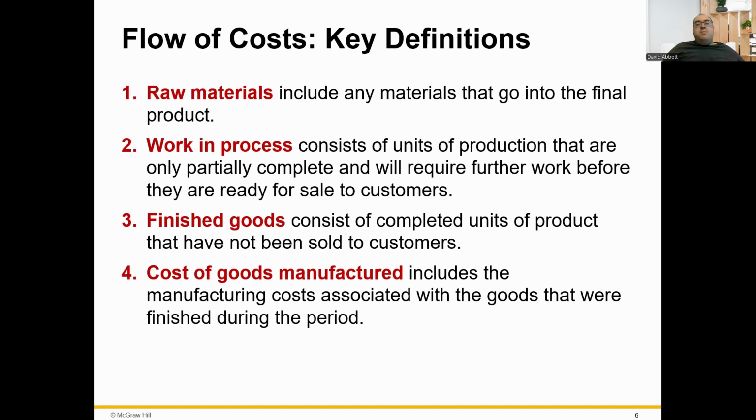Now, work in progress is the units of production that are only partially complete and they'll require further work before they are ready for a customer. I remember in another textbook that I used, they talked about making drumsticks, like to play the drums.